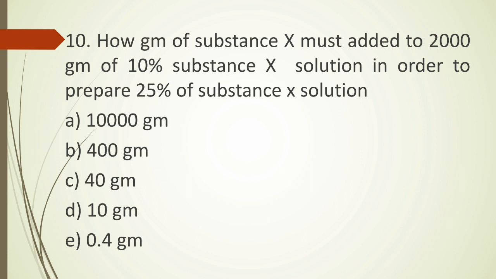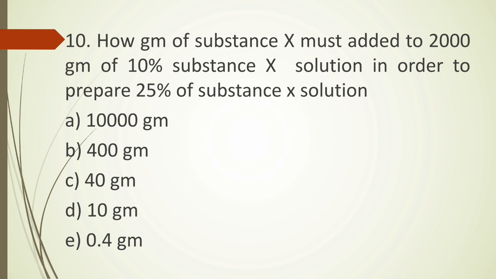Here the basic principle is that the final mixture is an addition of two mixtures. So we are adding the pure drug plus 10% of the drug solution. So both these together make 25% of substance X solution.